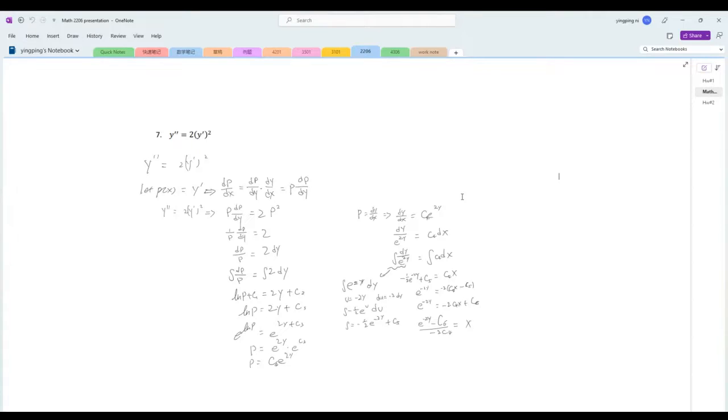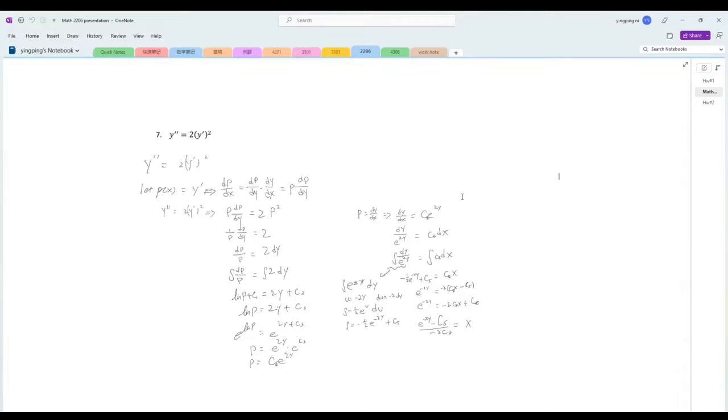We move the dy to the right side and integrate both sides. We get ln p plus c1 equals 2y plus c2, so ln p equals 2y plus c3. We use e to get p equals e to the 2y times e to the c3.